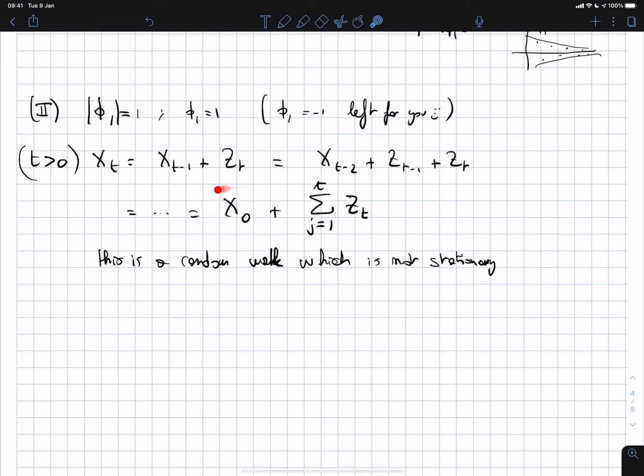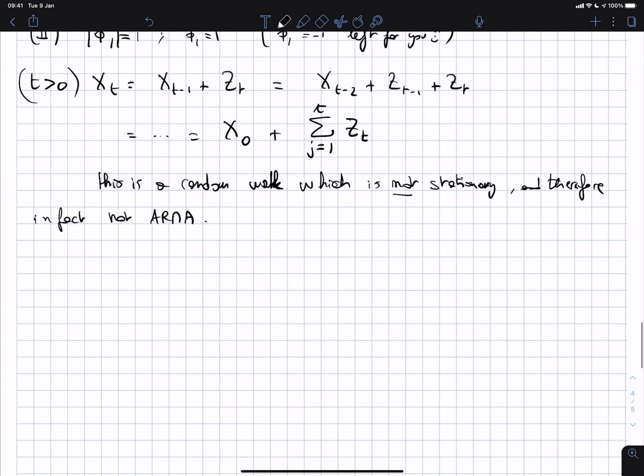We just have to take this process here for a t larger than 0. So we fix some x0 and then we take the process which is here. But it's not stationary, therefore in fact not ARMA, because ARMA is supposed to be stationary.